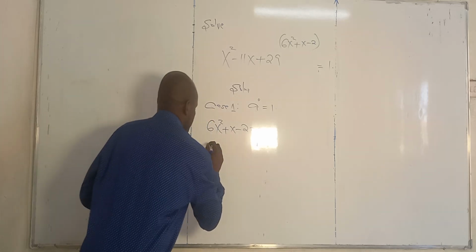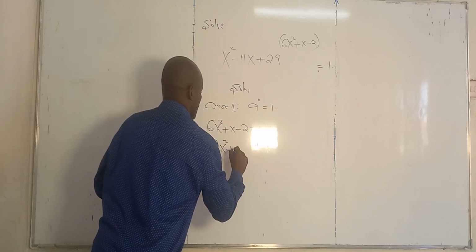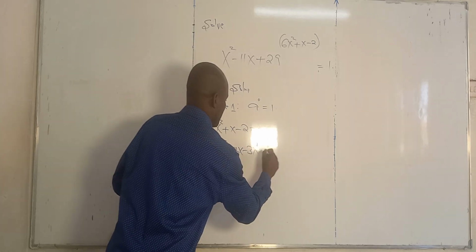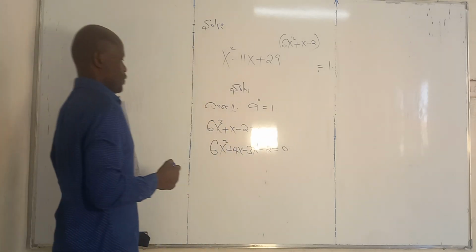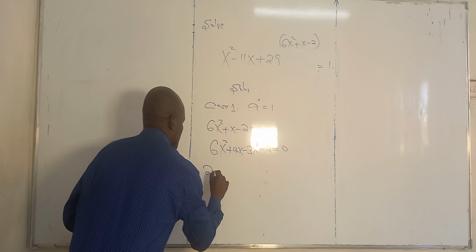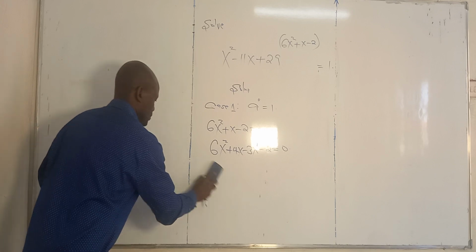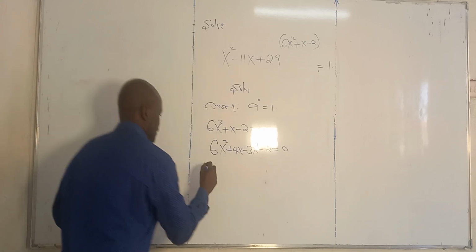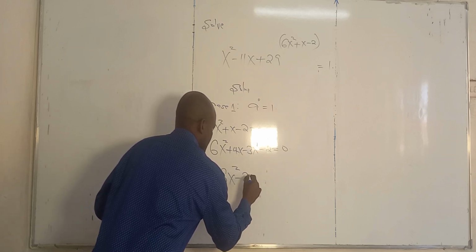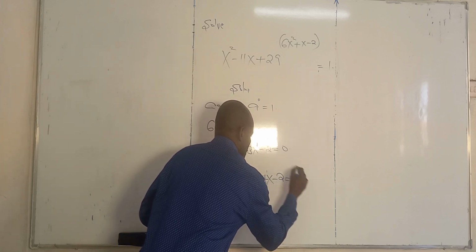So I say here 6x squared plus 4x minus 3x minus 2 is equal to 0. No, let me just rearrange for convenience. This would then mean that 6x squared minus 3x plus 4x minus 2 is equal to 0.